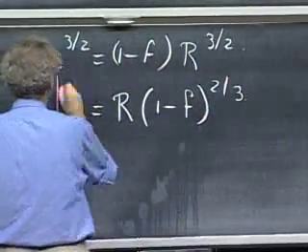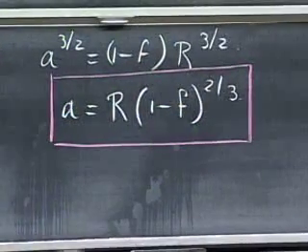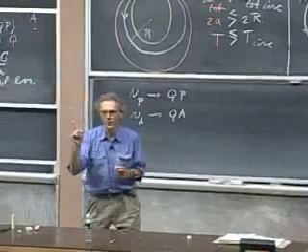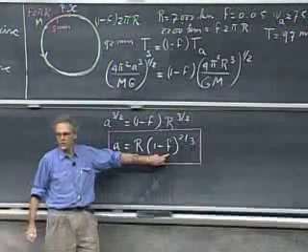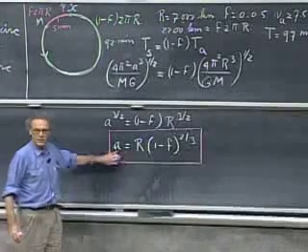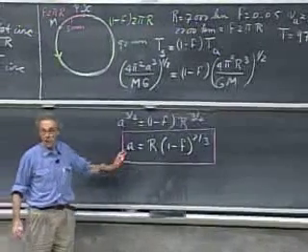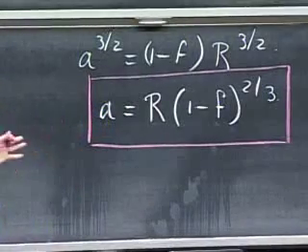And this is an amazingly simple result. It means if you know the orbit of Peter and Miri, which is r, and if you know how far the two lovers are apart, which is expressed in this f, then you know what the semi-major axis is of the sandwich orbit. That comes immediately out of this equation.